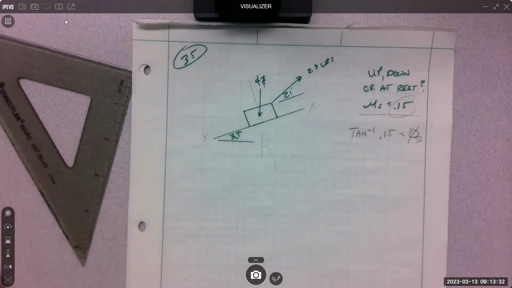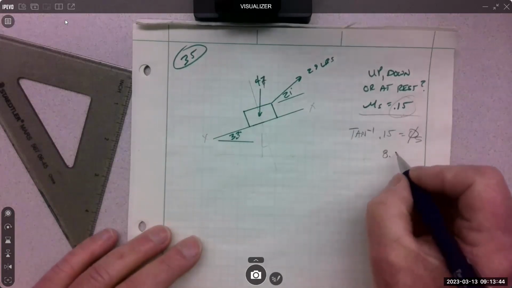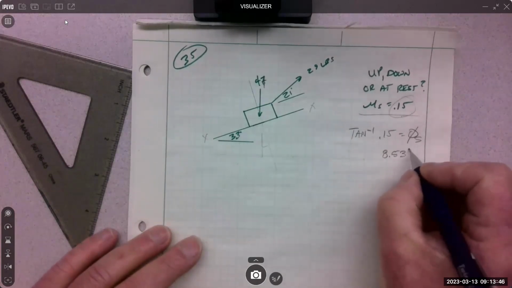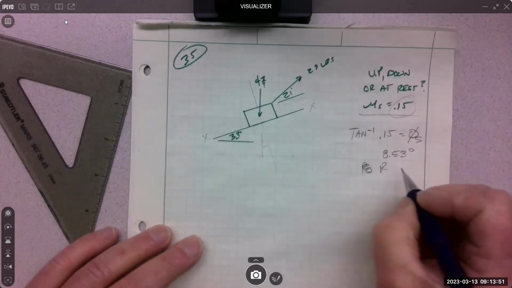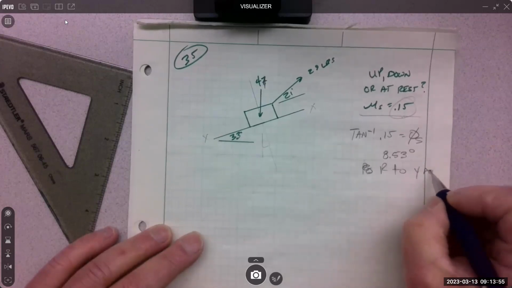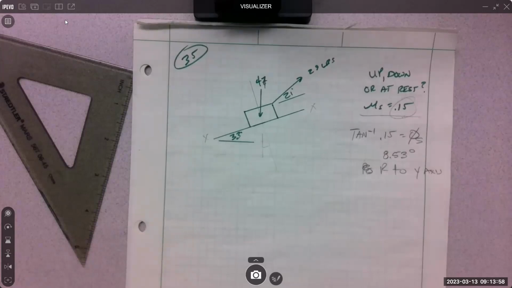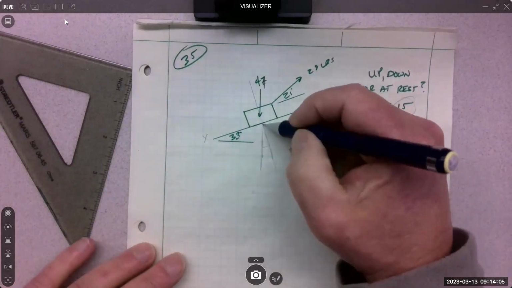So we'll do that first. 8.53. And that is from R, whoops, to that y-axis. So from vertical to the y-axis is how far?